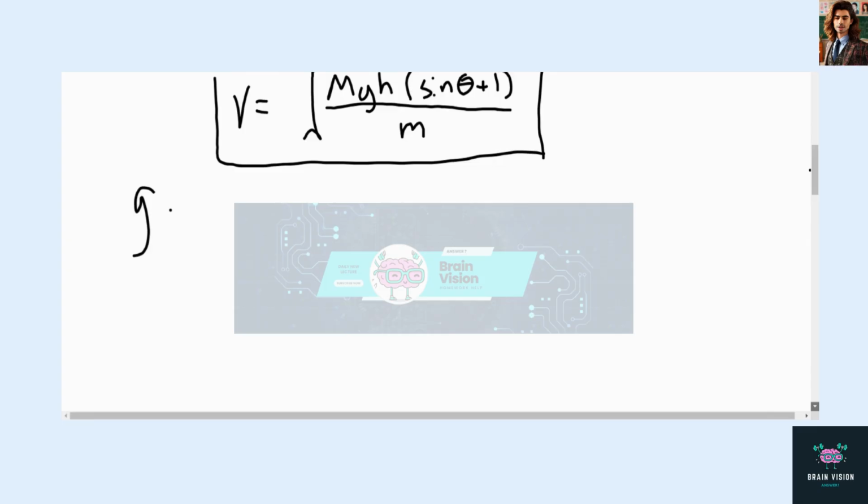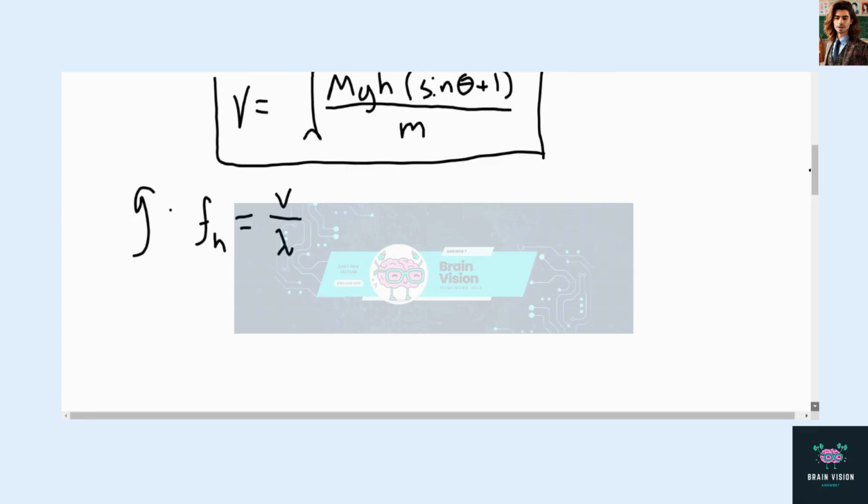So part G, we want to find what the fundamental frequency of the vertical part of the string is using symbols. So we'll call this fundamental frequency F sub h, for h, the vertical part of the string. And that is going to be equal to its velocity divided by its wavelength.